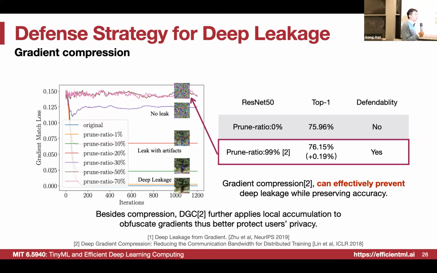So if you observe a 0 gradient, it may not know whether it's pruned to 0, or it's initialized, or it should be 0. That's why it has less information to steal from.